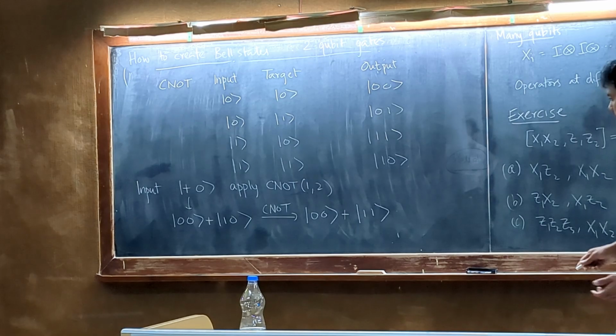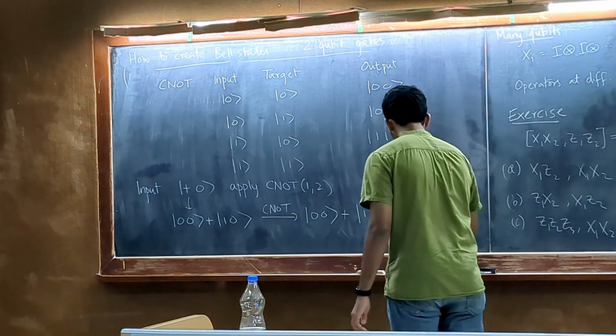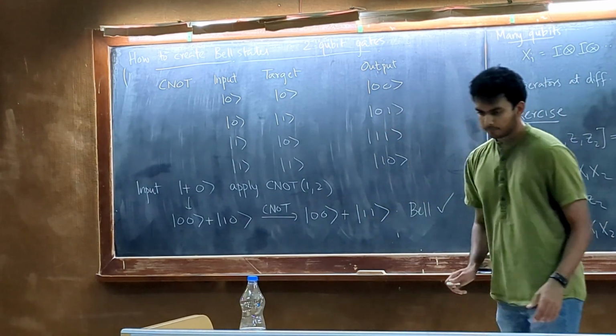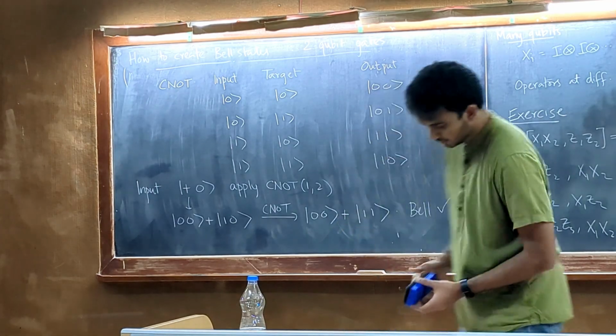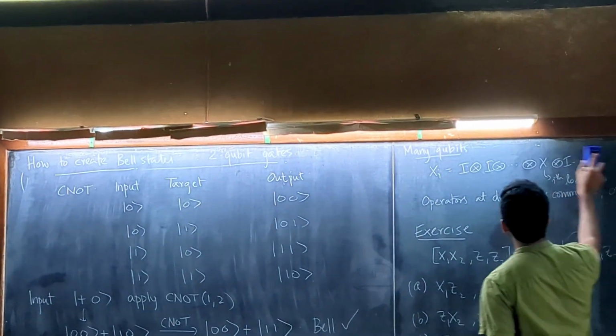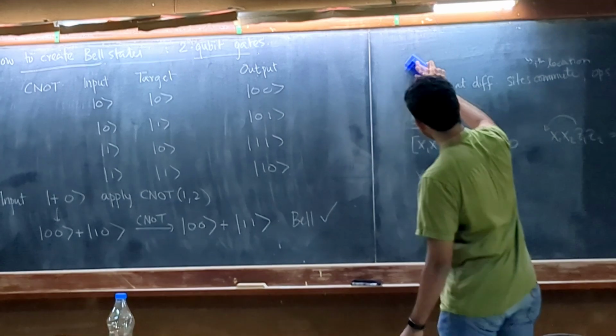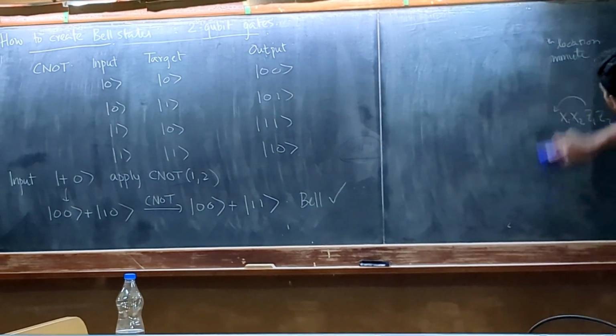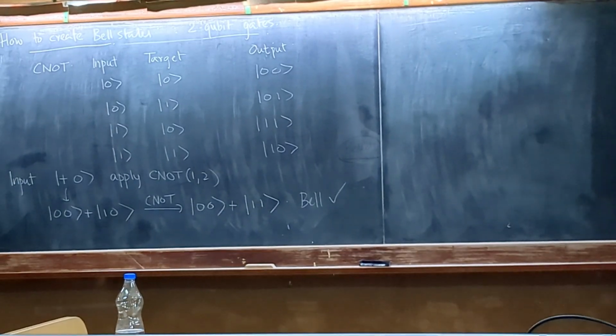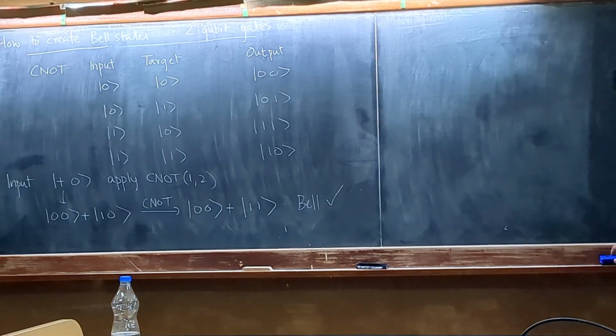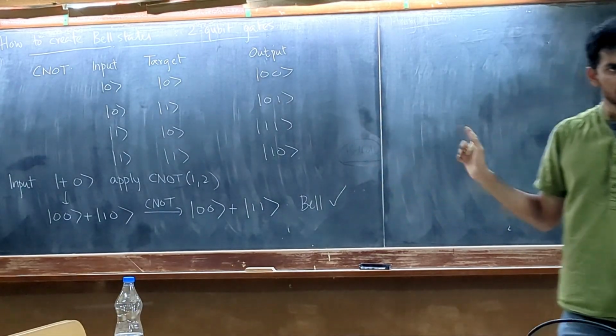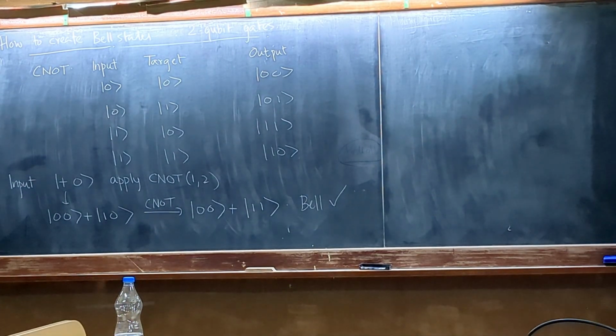And this is the Bell state. Is that clear to everybody how you construct the Bell state starting from a product state?